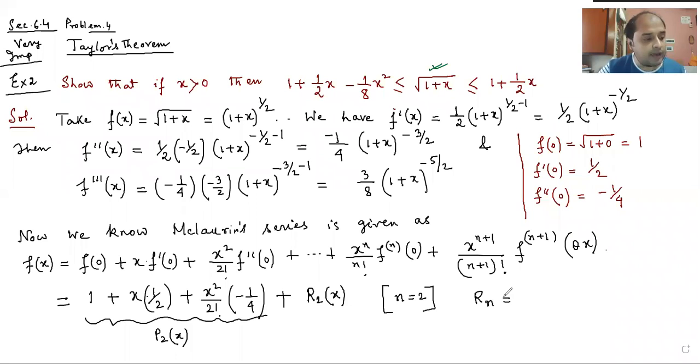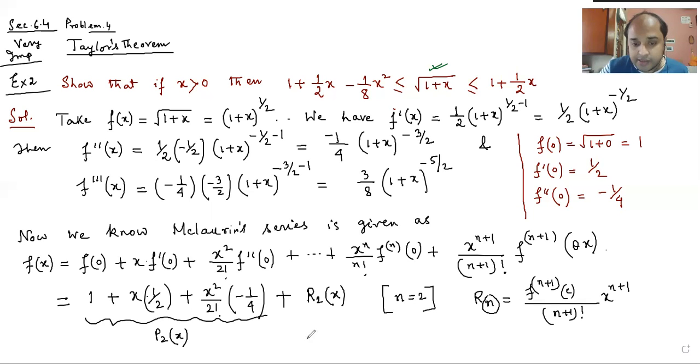In the formula, Rn was given as f^(n+1)(c) by n plus 1 factorial, x to the power n plus 1. That was the formula which we wrote actually. That is the Lagrange's form of the remainder. Now here I am writing n, and here I am writing n plus 1.